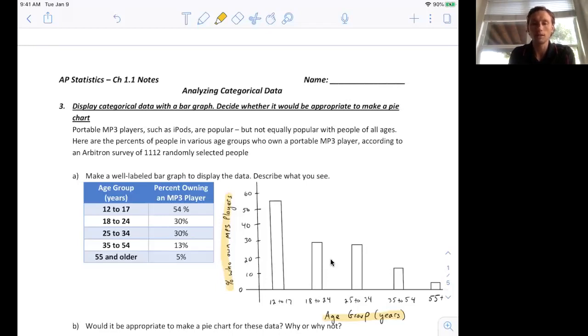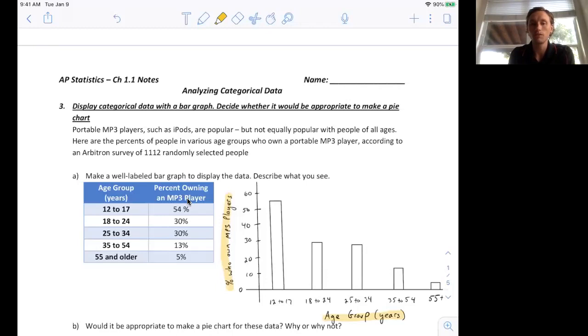Why or why not? In this case, it is not going to be appropriate because the first check is to add up the percentages, and you can see that it's going to be well over 100%. It only makes sense to do a pie chart if the percentages add up to 100%. They are each a percentage of the whole.